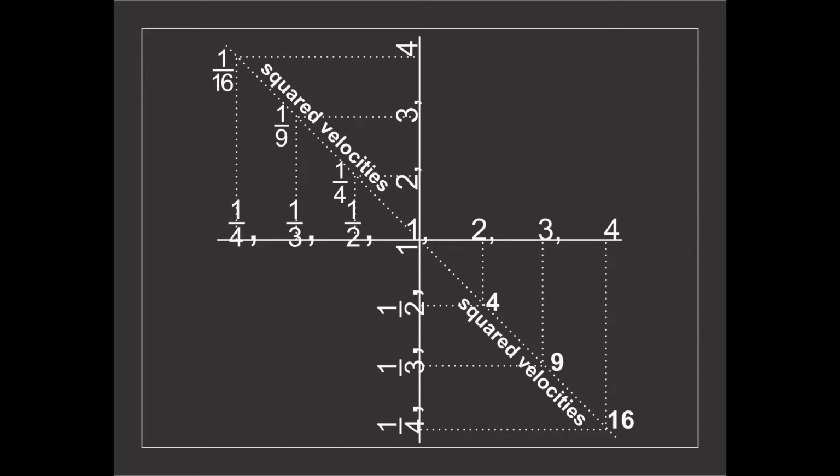From the opposing perspective, if 1/2 is compared to 2, then 1/2 is divided by 2, which yields 1/4. And if 1/3 is compared to 3, then 1/3 is divided by 3, which yields 1/9. The area perception is then defined by the square of the numbers, or the square of the fractions, which are defined as squared velocities.